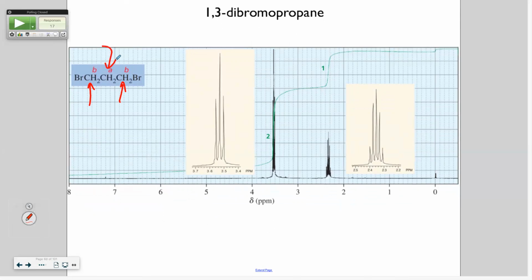Okay. The peak in the middle, A, has how many neighbors? 4. So what do you think you're going to get? 5. Okay. 1, 2, 3, 4, 5. Okay. The peak on the outside, the B's, they have how many neighbors? 2, so we should get a pretty little triplet. Okay, there it is.